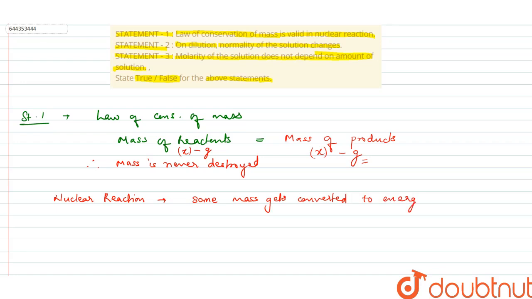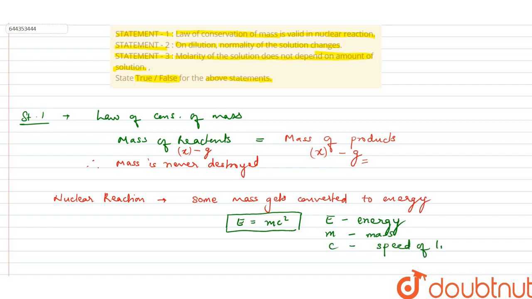This is given by a very famous equation by the scientist Einstein, that you must have heard of. E is equal to mc square, where E is energy, m is mass, and c is the speed of light, that is 3 into 10 to the power 8.